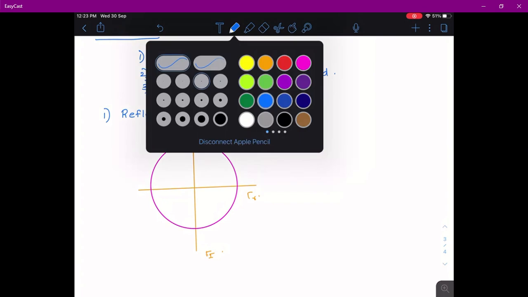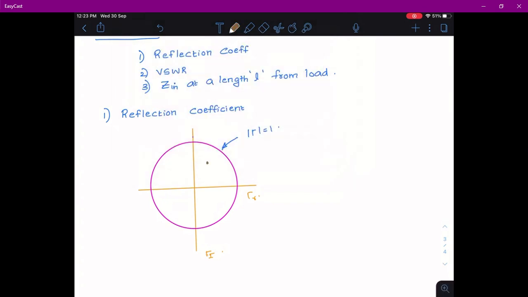And you can have any point inside this circle. So if you measure this distance and this angle theta, then you know what is the reflection coefficient value.